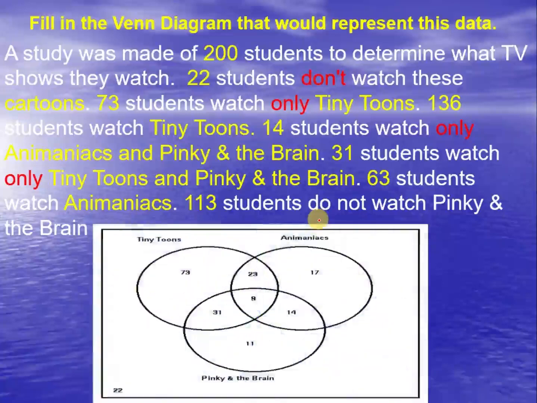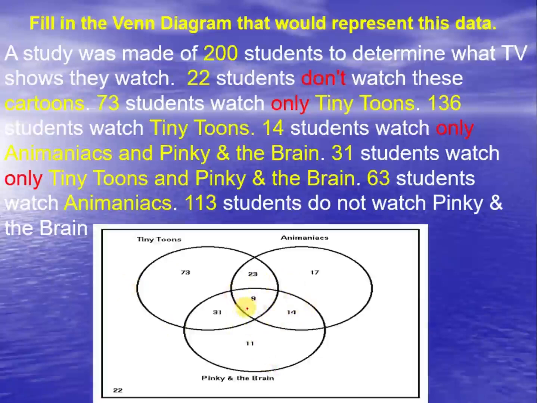Draw a Venn diagram first of all. So we first outline the subjects that are inside there. So first we have Tiny Toons, and we have Animaniacs, and we have Pinky and the Brain. So these are the three different TV shows that they watch, and these TV shows are put inside this Venn diagram.